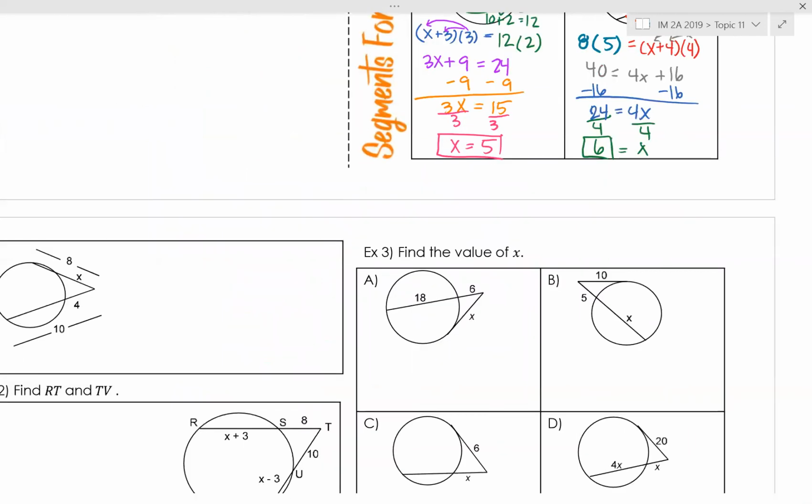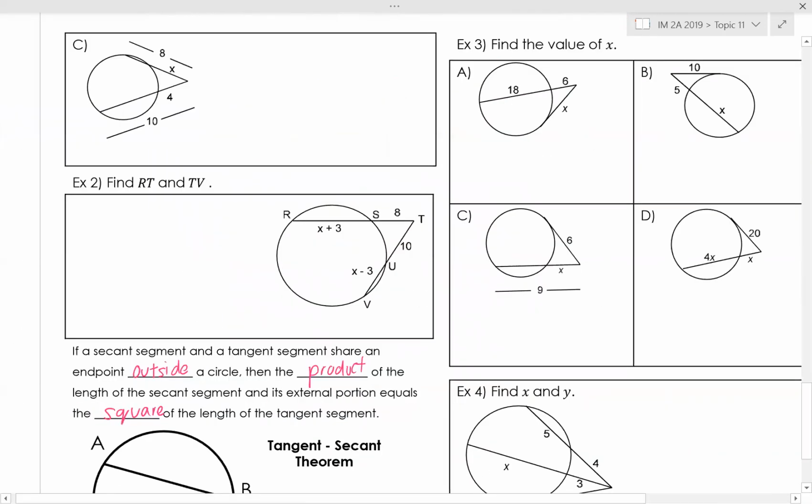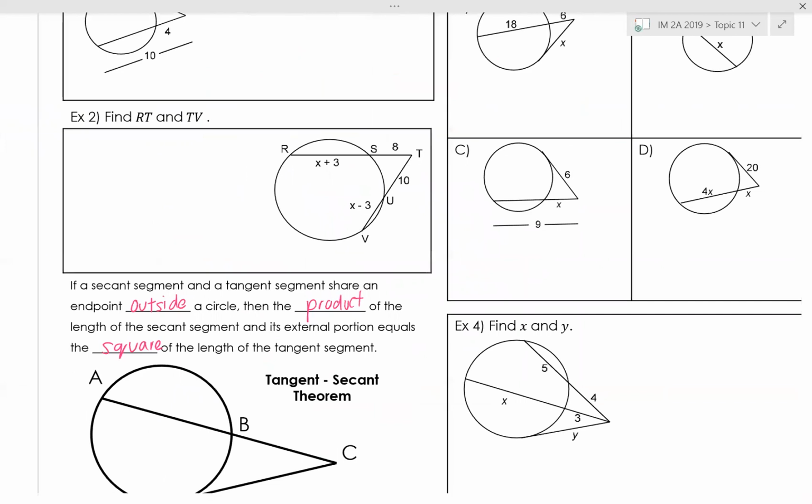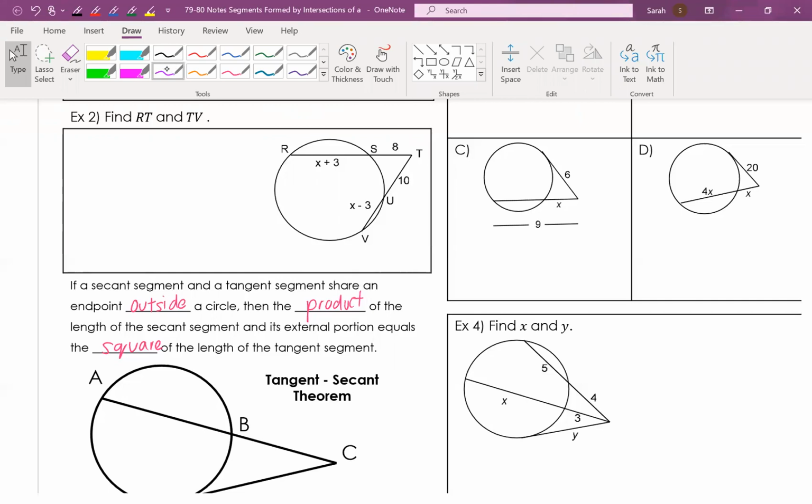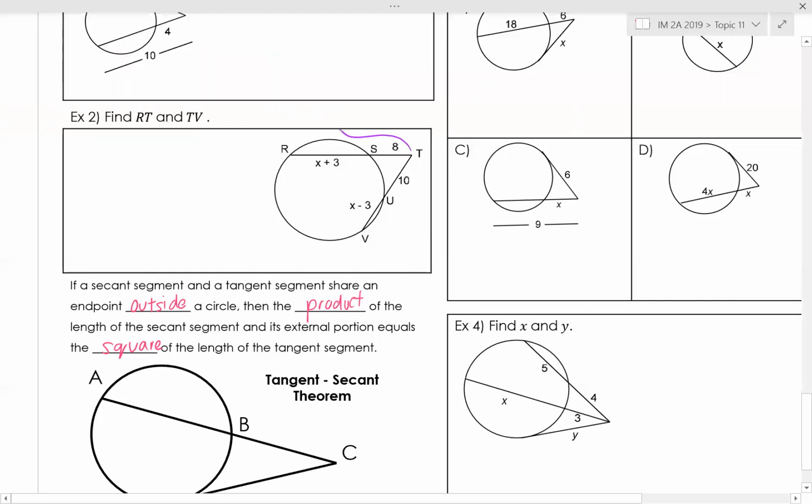Okay, so we're going to skip C and then go to example 2, just to do something where we have to plug in. And so our whole for this one is x + 3 + 8, which means we've got x + 11. So we're going to do (x + 11) times 8.